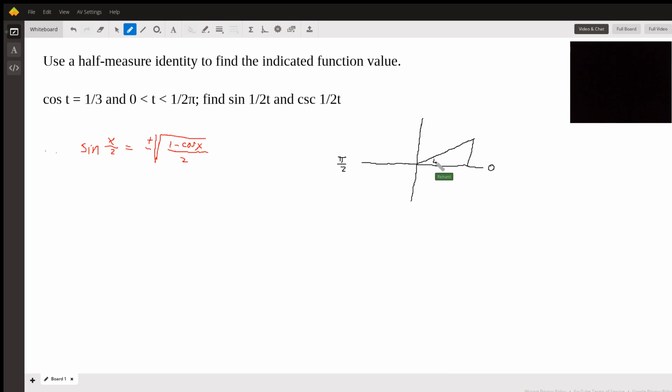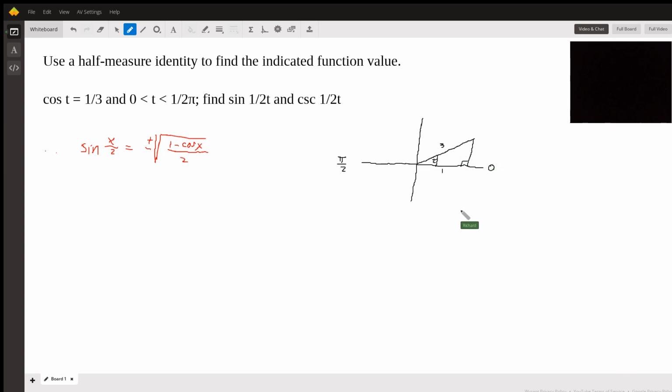So here's our angle t, and here's our right triangle, and this is going to be 1 over 3, adjacent over hypotenuse, coming from SOHCAHTOA. So let's get this side here, and that's going to be from the Pythagorean theorem.